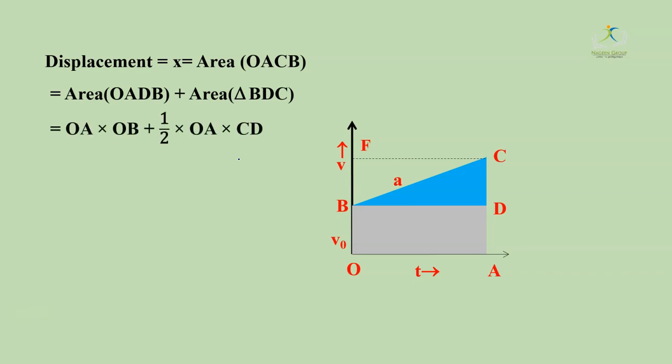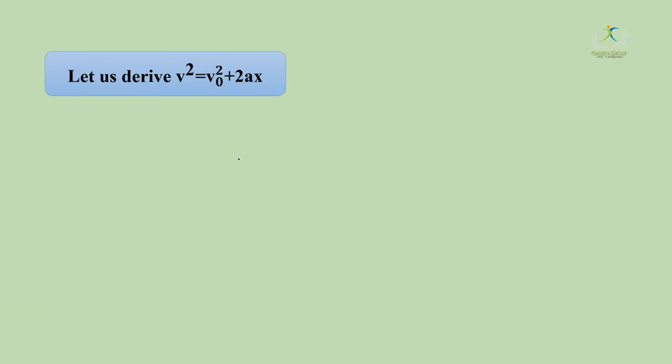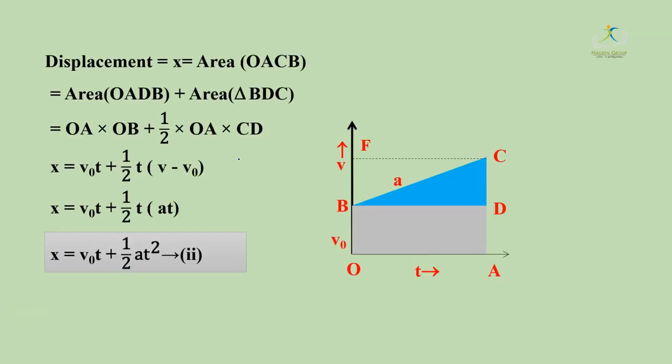So OA into OB plus half times OA into CD. x is equal to v naught t plus half t into (v minus v naught), so x is equal to v naught t plus half t into at. That comes to x is equal to v naught t plus half at square, the second equation.